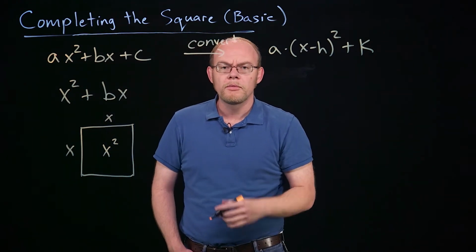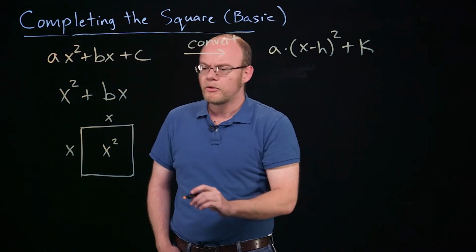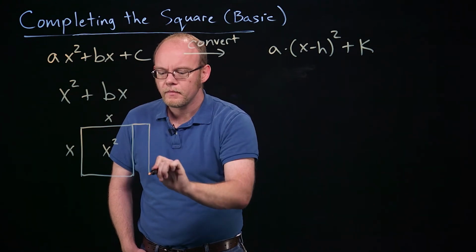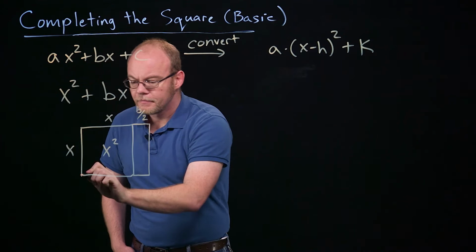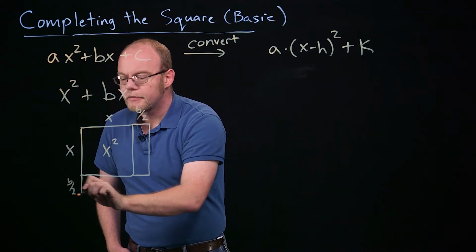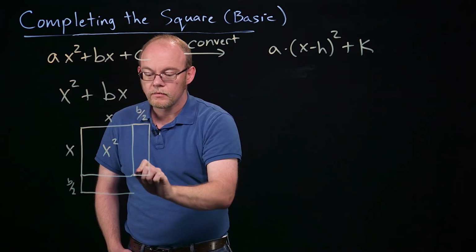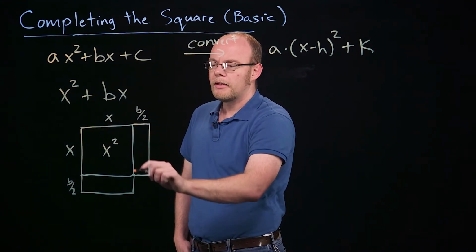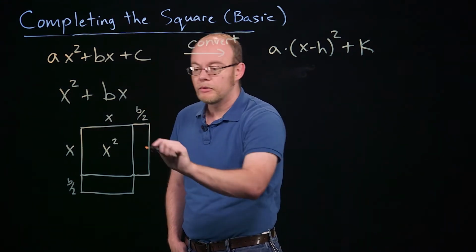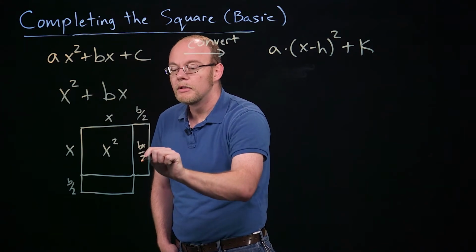Now if we want to form a square, we'll split this part up into two parts: b halves here, b halves here. If we look at these two rectangles that we've added, we have length x and width b over 2, so this is bx over 2.